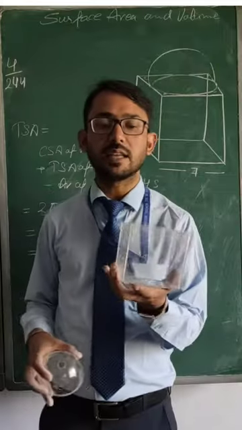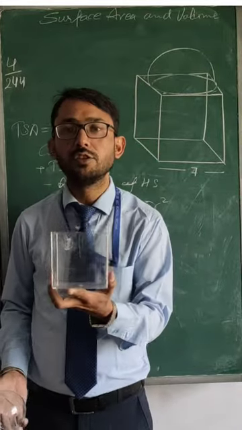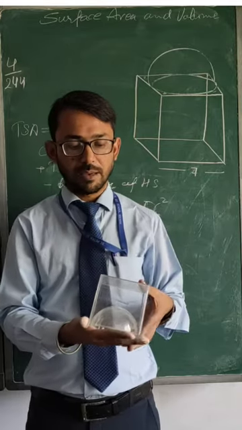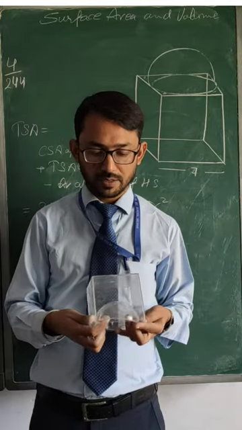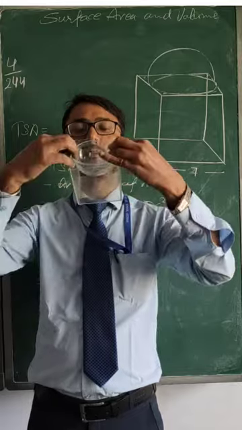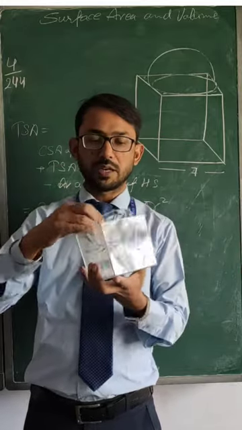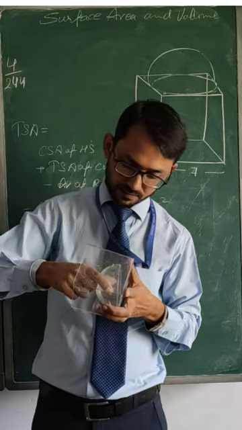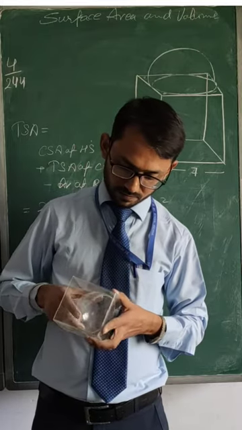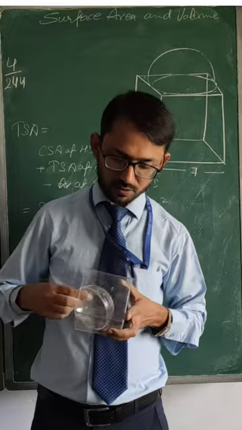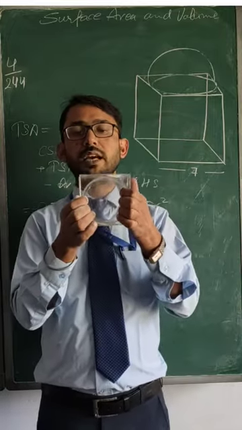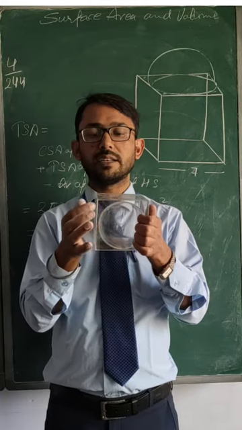See, this is the wooden cube. We are removing a hemispherical depression from it. To understand it, I am keeping it like this. So in this way, we are removing the hemispherical depression.